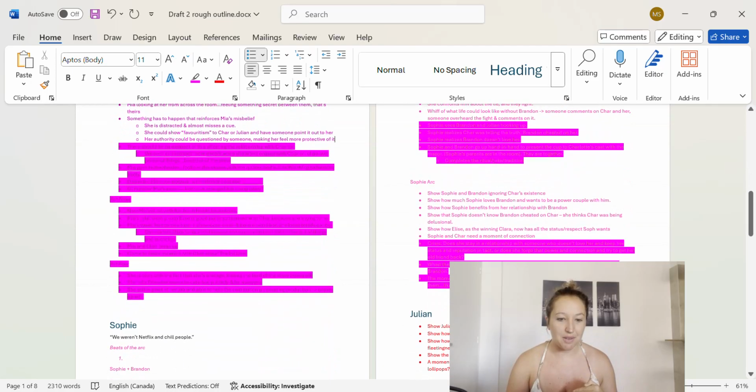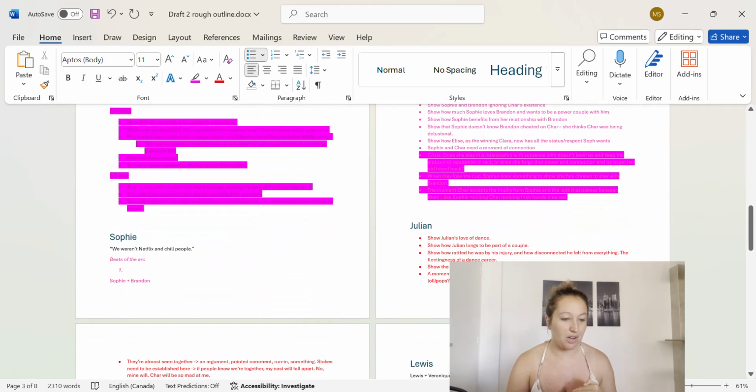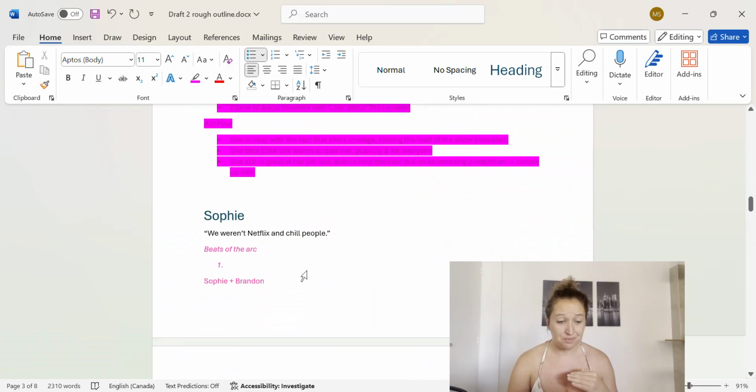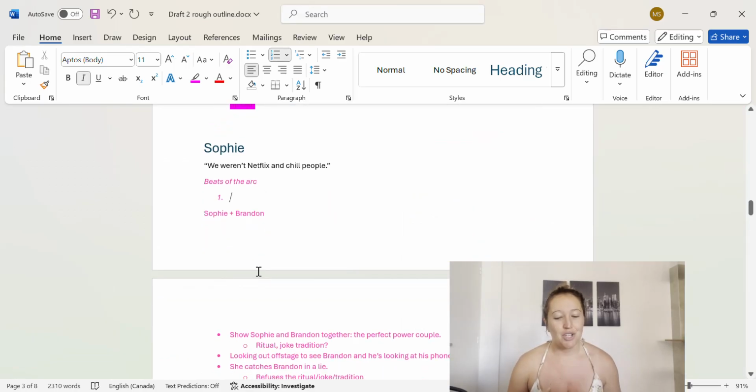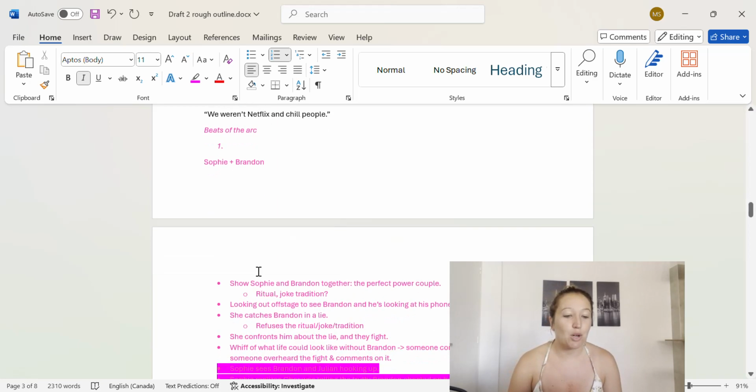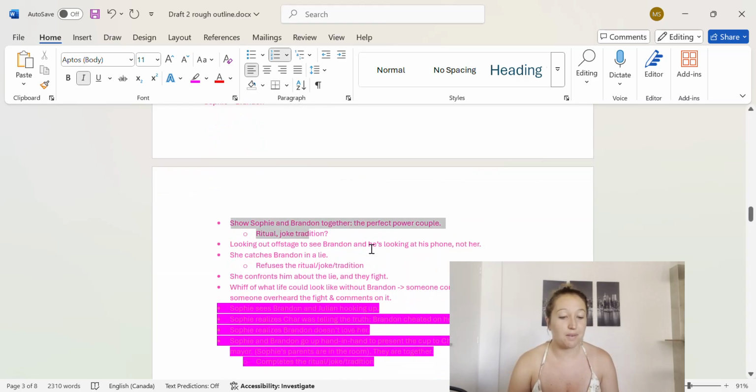Going over here, I have something similar for Sophie, which is a different character. Beats of the arc is empty here. She was so hard to find beats for, honestly. I'm modeling this off another show a little bit, so I used some beats from there. But basically, I have her relationship. So what are the overall functional things that they're hitting?